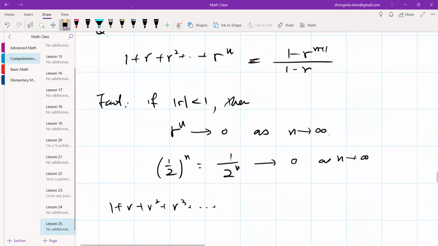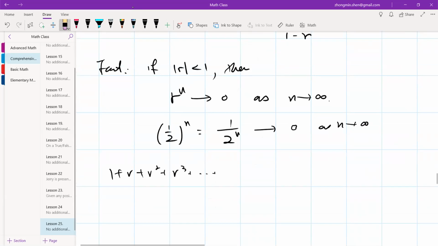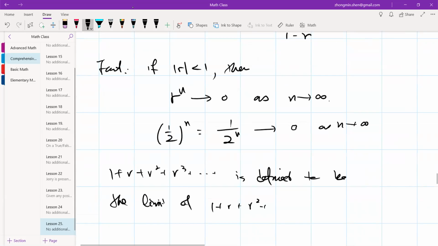The sum of infinitely many terms is defined to be the limit of the sum of finitely many terms, right?